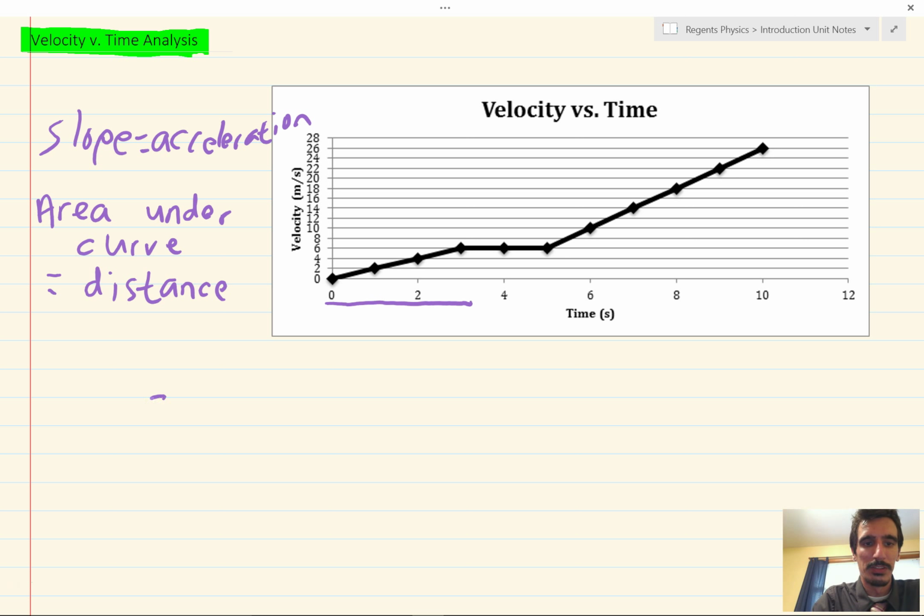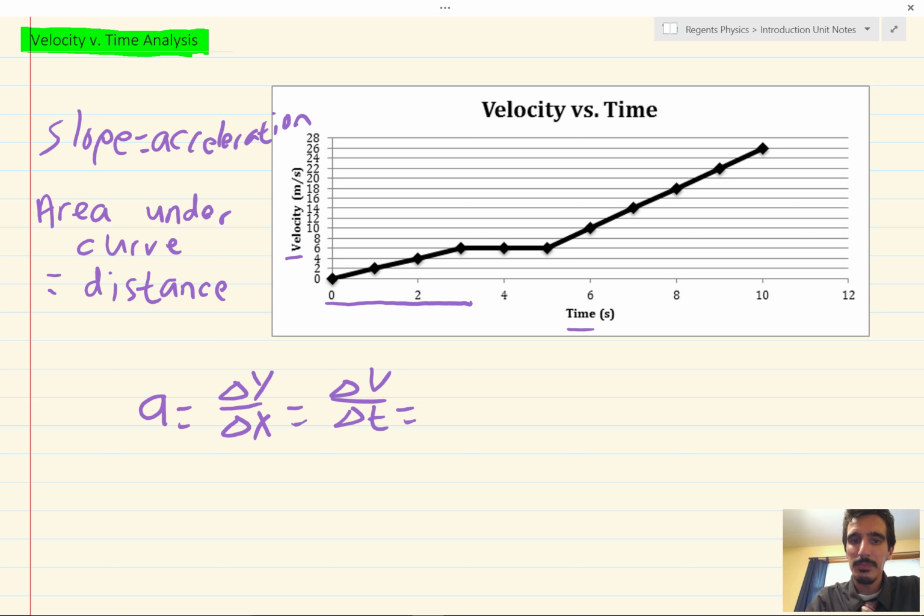So, acceleration. Remember, slope is change in y over change in x. In this case, our change in y is change in velocity, change in x is change in time. So, delta v over delta t. If we look at the first time interval from 0 to 3, we end up at 6 meters per second, and we start out at 0 meters per second.